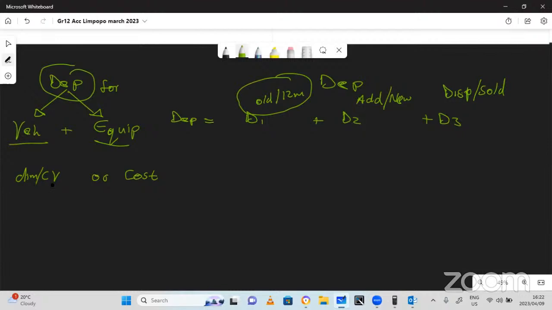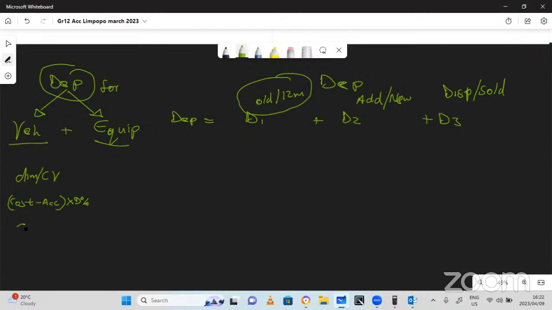If it's calculated on the diminishing balance method, before you calculate your depreciation, you have to take your cost price and subtract your accumulated depreciation before multiplying with the depreciation percentage. This is the diminishing balance or carrying value method.